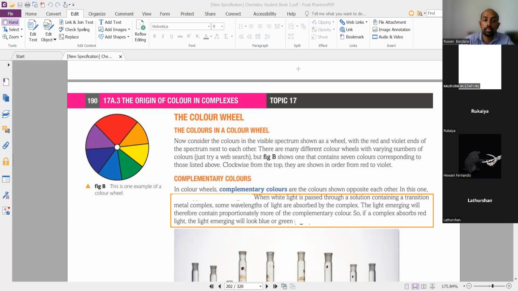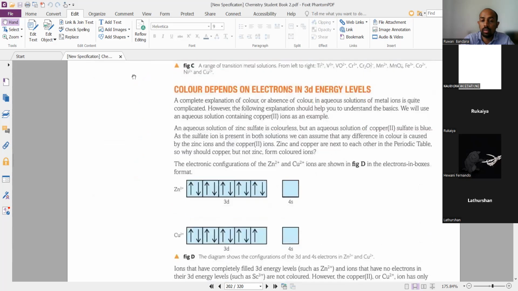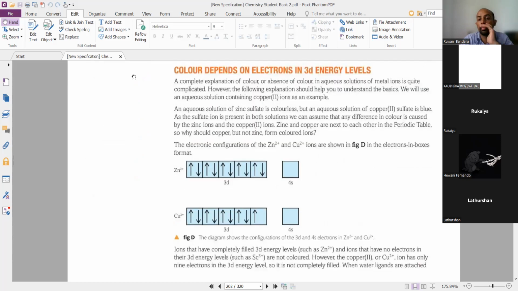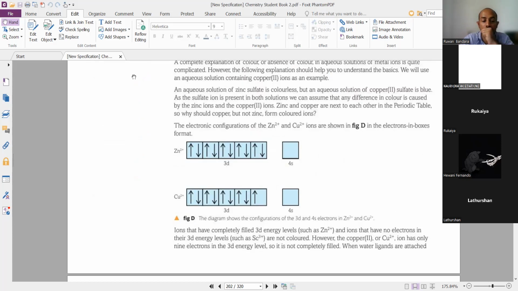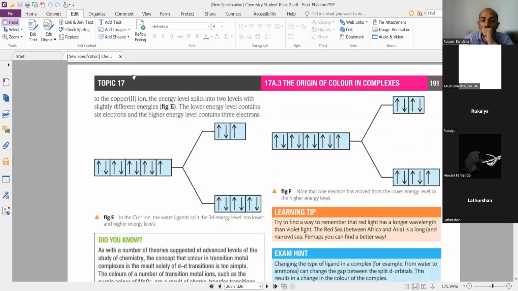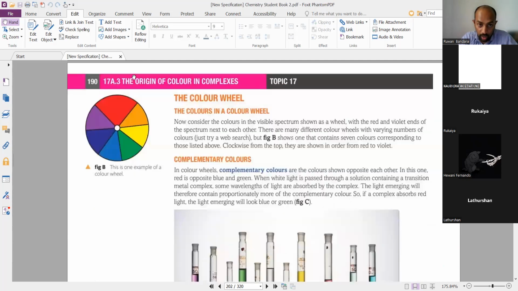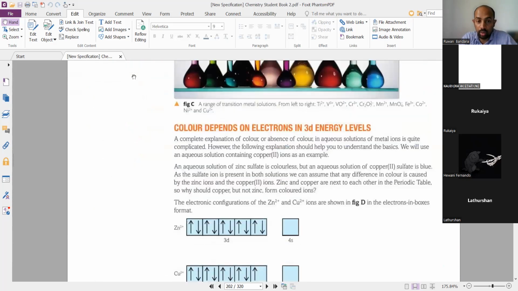Then write the topic: origin of color. Then write a separate paragraph, and this is what you have to learn by heart for the exam, right?